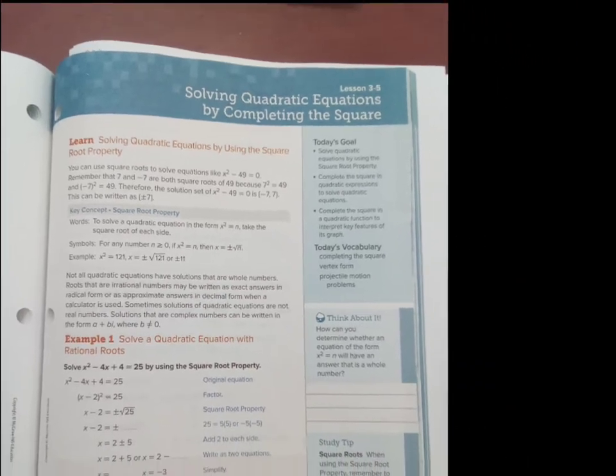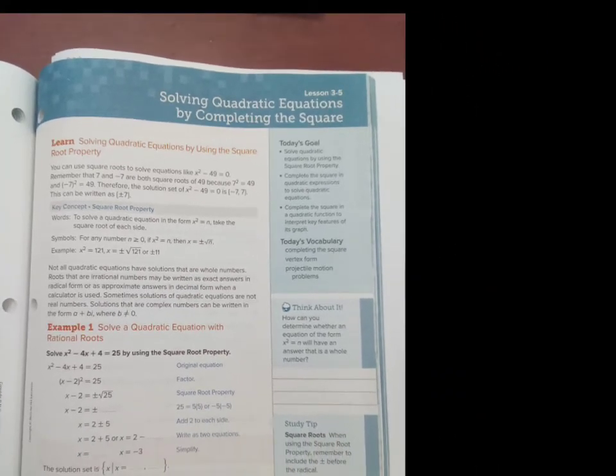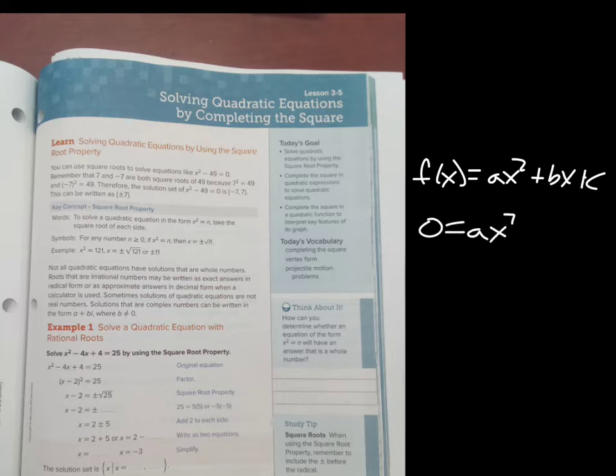The real reason for that is because we can write f of x equals ax squared plus bx plus c. And when we set it up, I've told you that it's 0 equals all of this stuff. What you're saying is, I want to find the x values when y is 0. And that's why they end up on the x-axis.